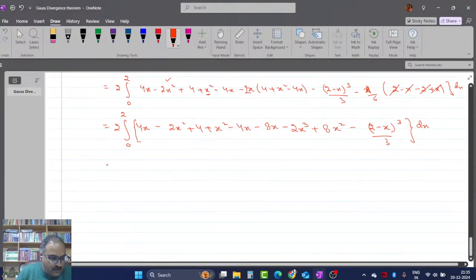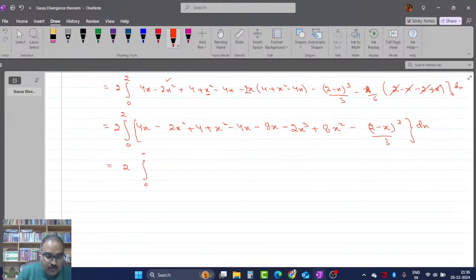Okay, so the result for these value will be 2 times 0 to 2 when I solve all the result. So it will be 2 minus of x whole square minus of 2 minus of x whole cube by 6 and dx after solving the above equation.